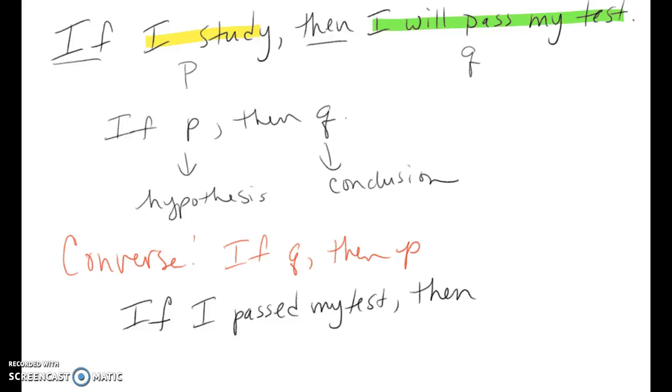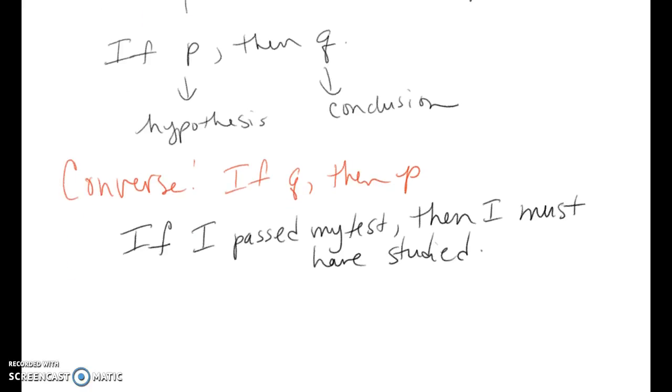There's all different ways to phrase it. Just use good grammar to make it flow. So like I said, you're just flipping the two and then you're deciding how valid that statement is, okay?